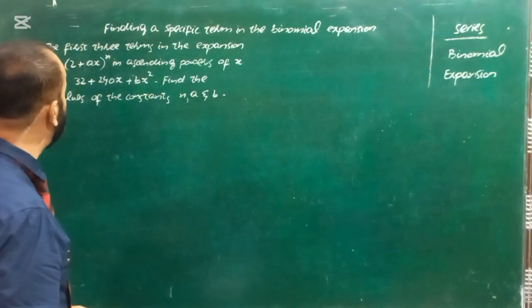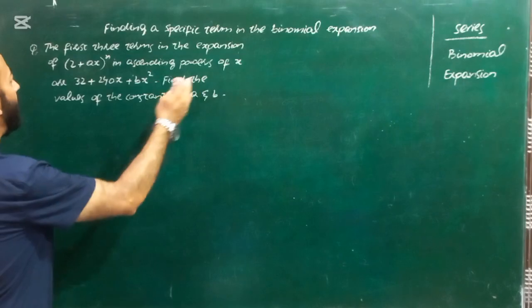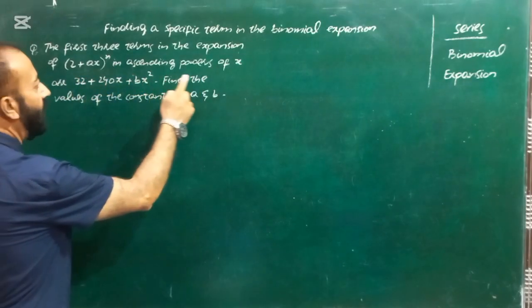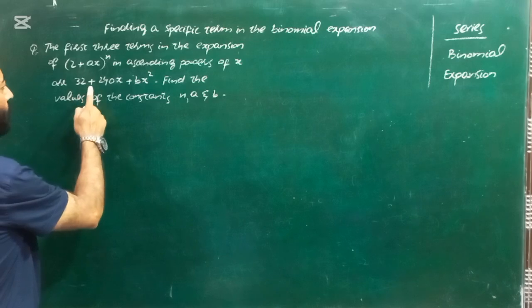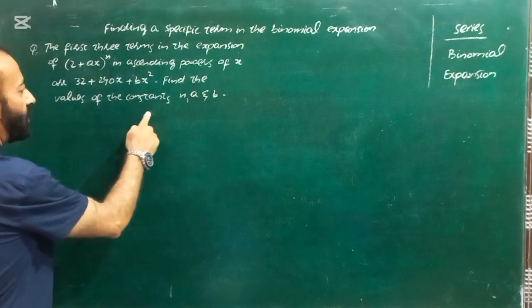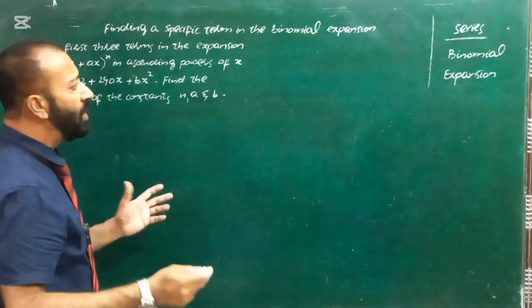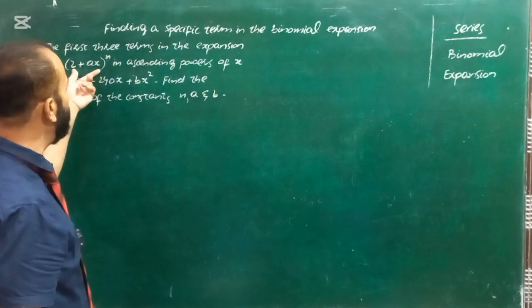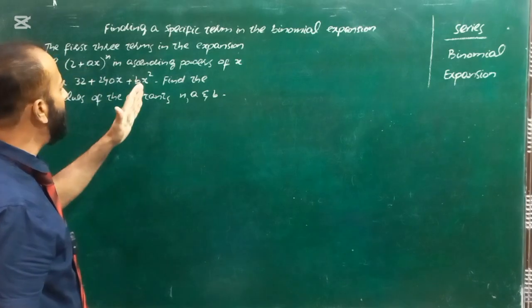Here is another question. The first three terms in the expansion of (2 plus ax) raised to the power n in ascending powers of x are 32 plus 240x plus bx squared. Find the values of the constants n, a, and b. So this is a very simple question. So you will first expand this expansion up to 3 terms.